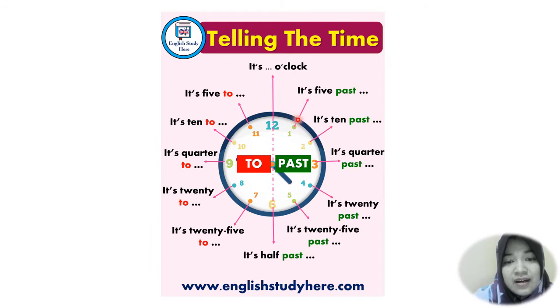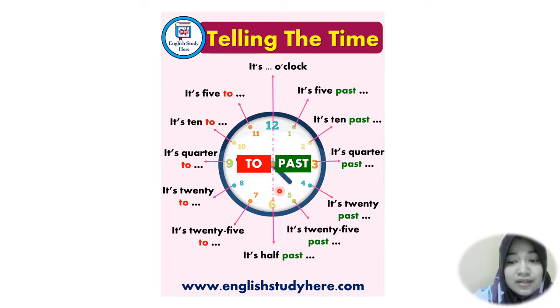We start with 5, 10, 15, 20, 25, 30, 35, 40, 45, 50, 55, and 60. But in English, it's a little bit different. In English, we divide this clock into 2 parts.